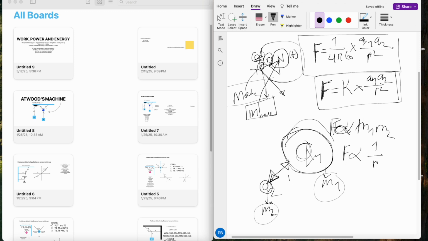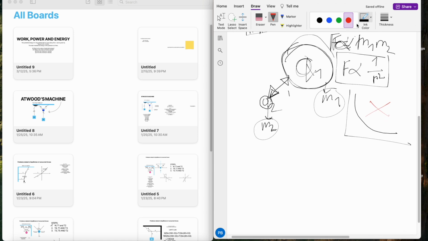But there's a problem: quantum mechanics doesn't represent this relation. It says that it is inversely proportional to r square, not only r. So the graph will not look like this. It's wrong. It will look something like this.